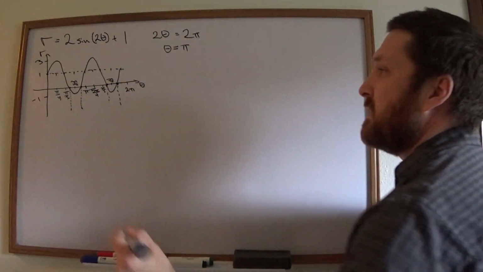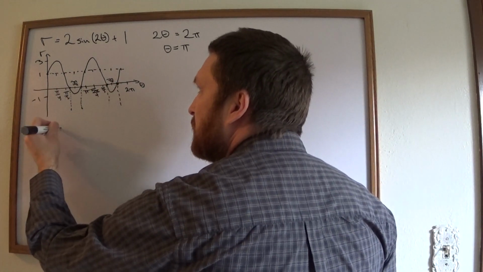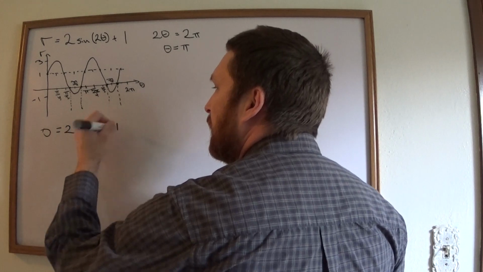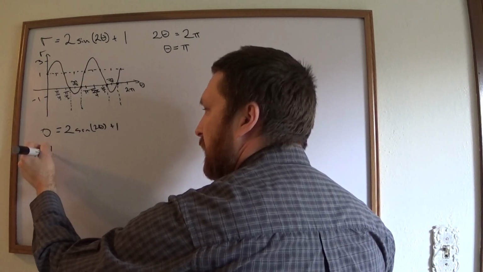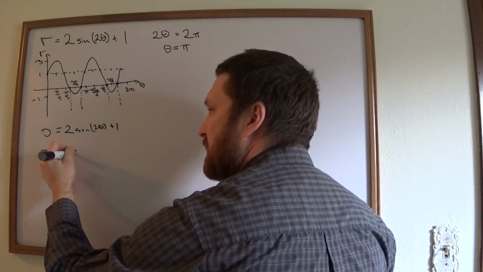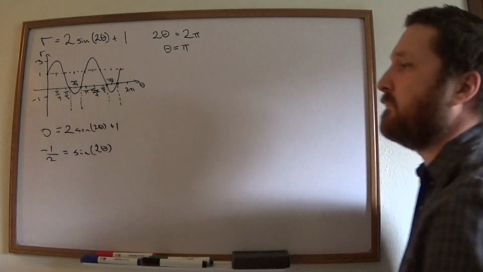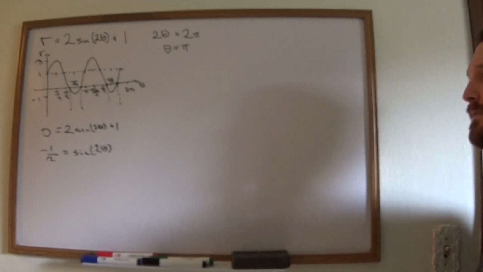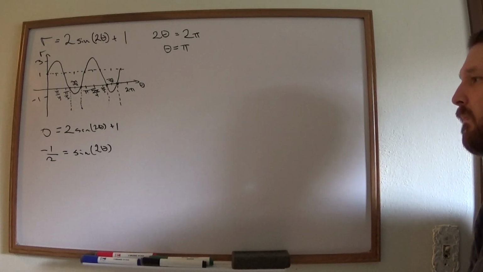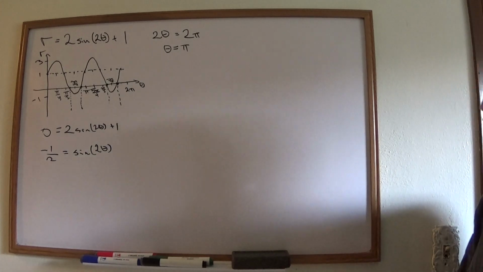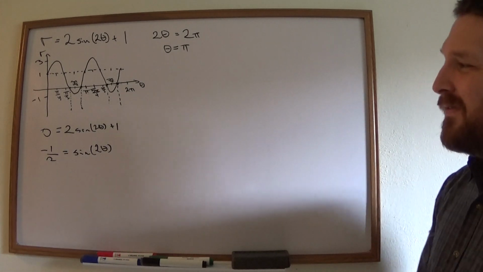So when r is equal to 0, we bring this over: sine 2 theta equals -1/2. How do you want to do this? Arc sine of -1/2, over 2. Or, we should just pretend the 2 theta is just x and draw the triangle.